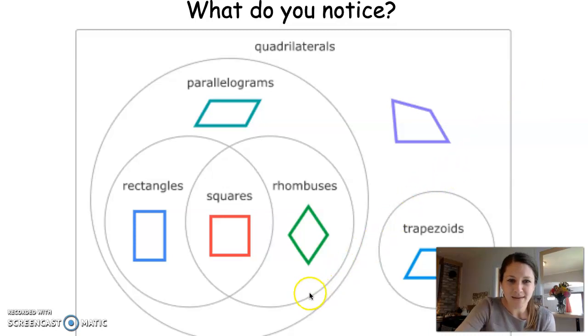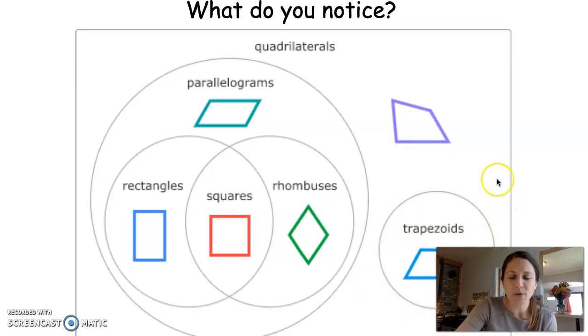So you might notice that all of the polygons on this paper have four sides. That is true about quadrilaterals. You might notice that some of the shapes have overlapping circles. They maybe look a little similar, but then we have some shapes like trapezoids out here all alone.